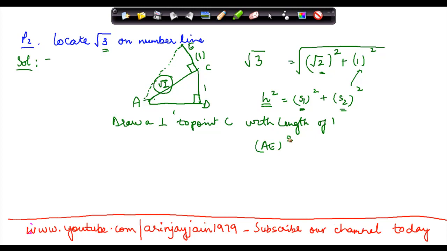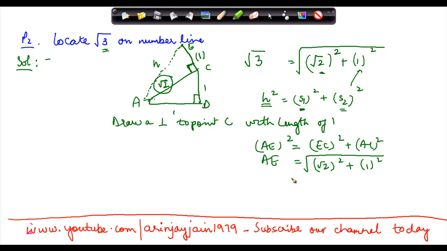I get AE square. Now AE square becomes the hypotenuse because this is the right angle triangle and this side is opposite to the right angle, so AE square is equal to EC square plus AC square, or AE is equal to the under root of EC square plus AC square. Now AC is under root 2, so AE is under root of 2 plus 1, which is equal to under root 3.